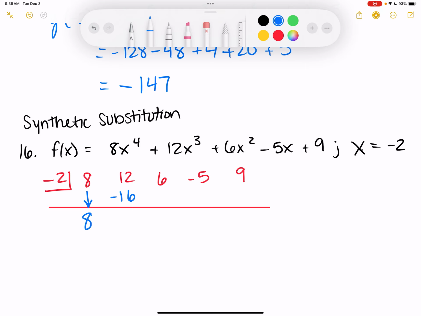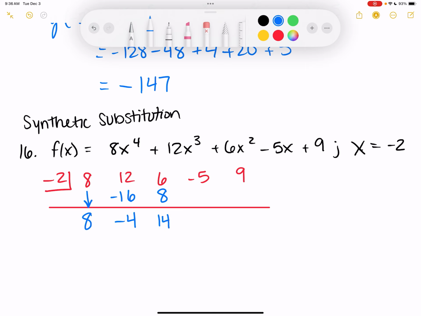So 12 minus 16 gives me a negative 4. Negative 4 times negative 2 gives me a positive 8. That goes underneath the 6. Plus 6 is 14, so that goes down here.